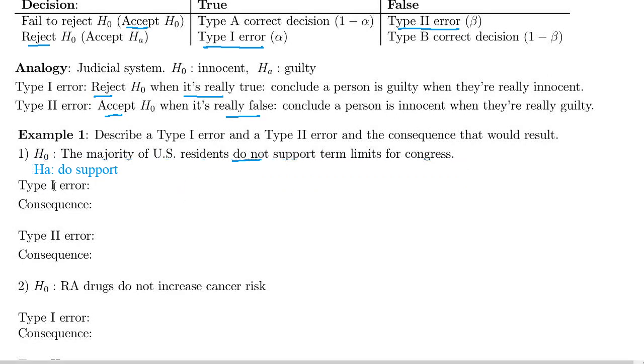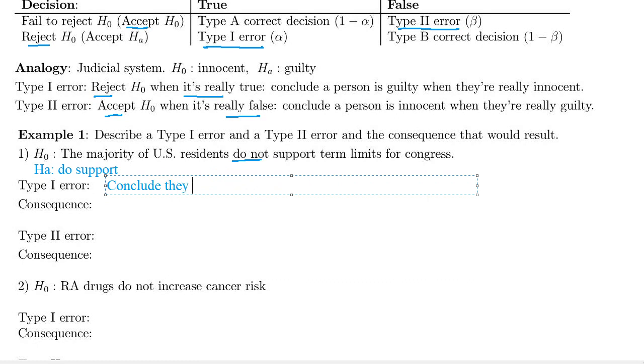So if we make a type 1 error, that's when you reject H0 when it's really true. So you're going to reject H0 and conclude they do support term limits when they really don't.